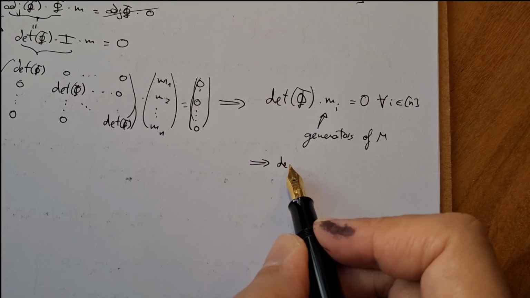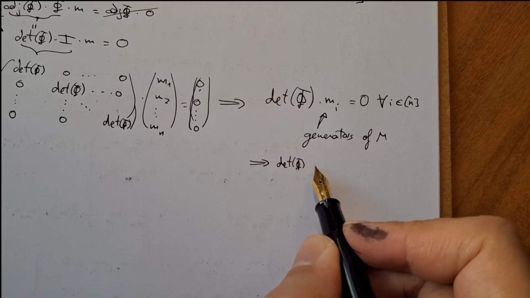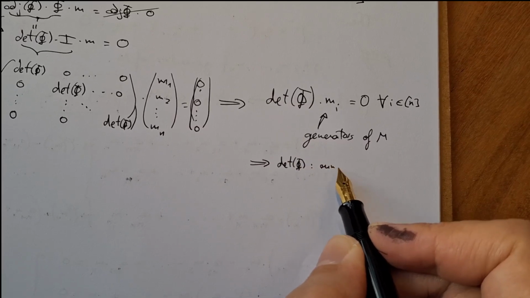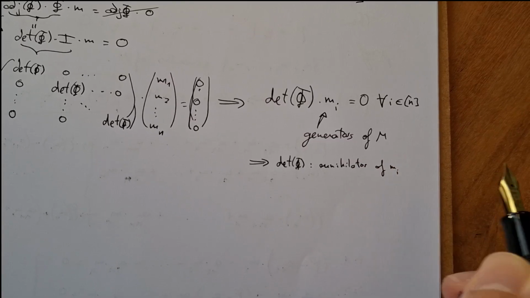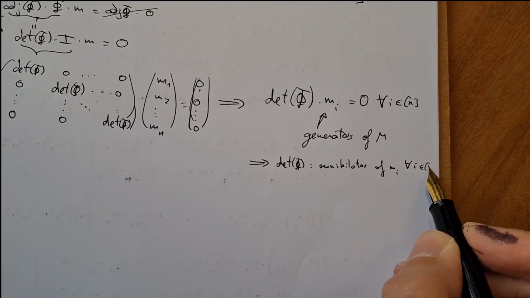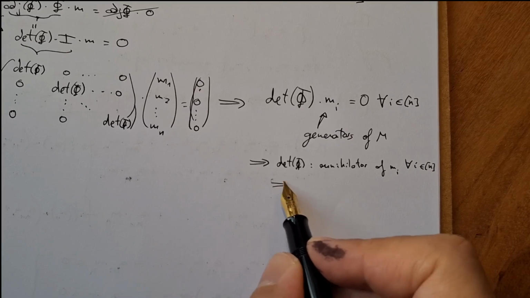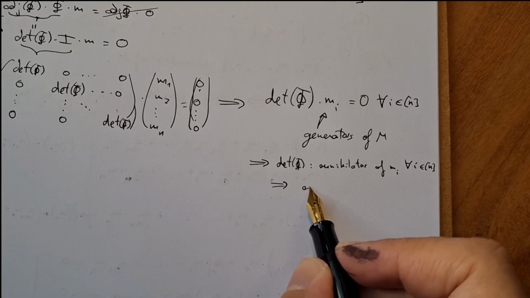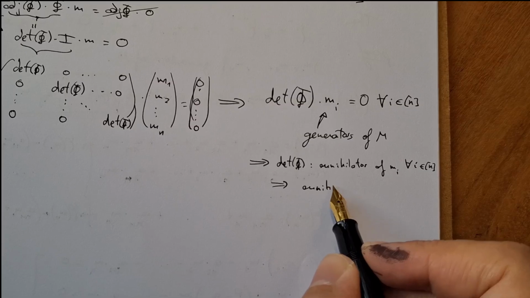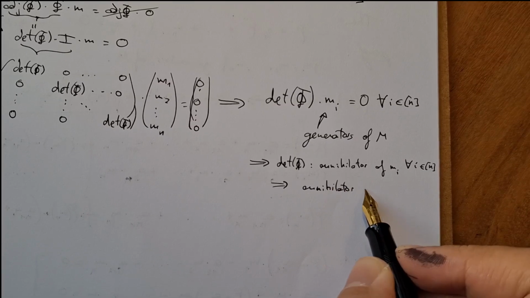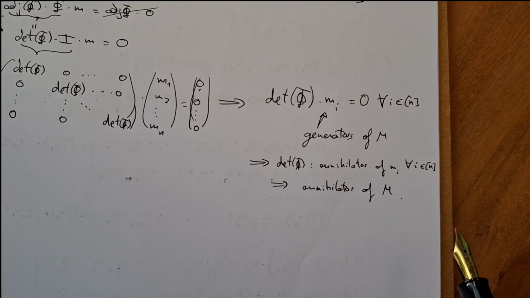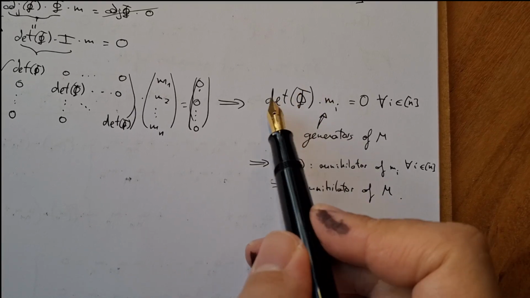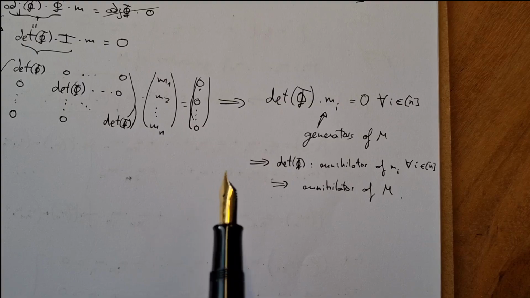The determinant of psi is the annihilator of m sub i for all i in the range of n, and this means that it is the annihilator of the entire module M. So we are interested in computing this determinant.